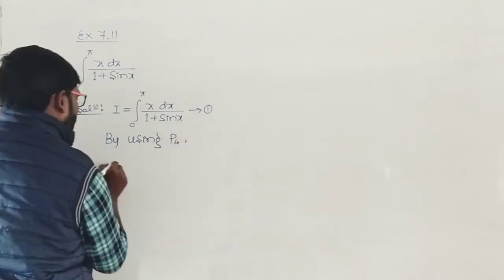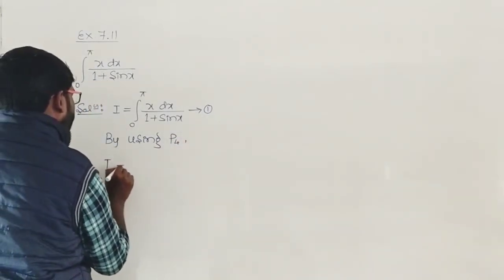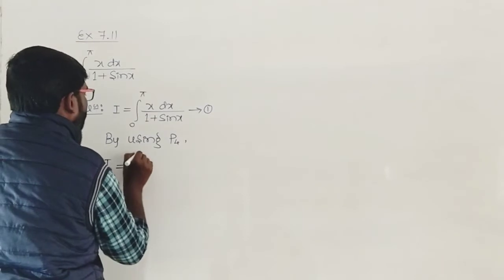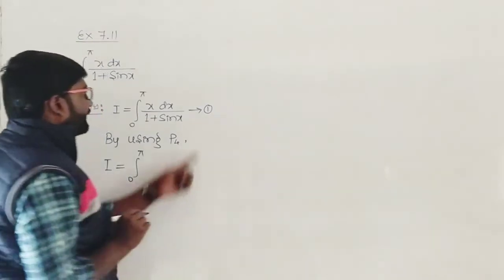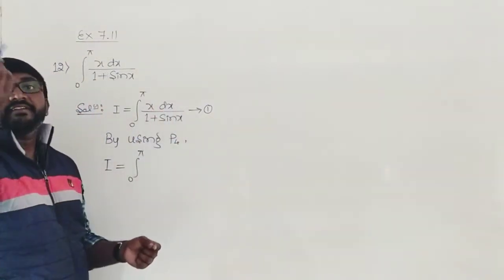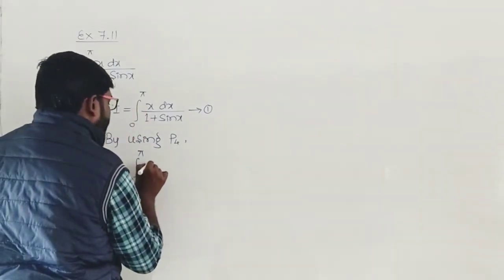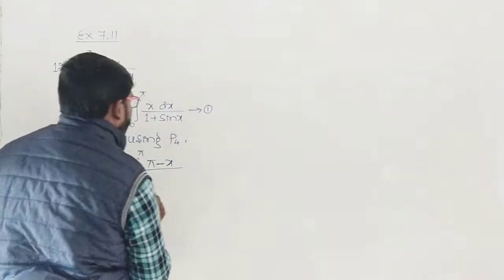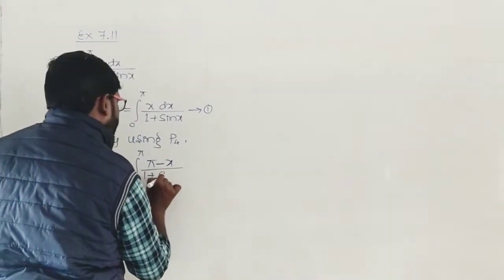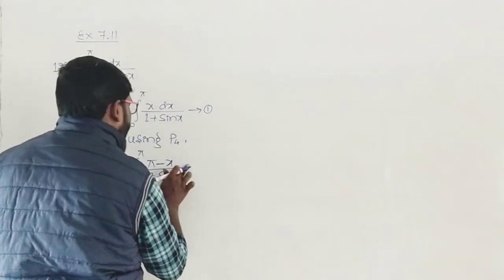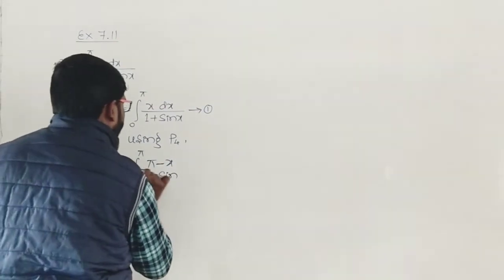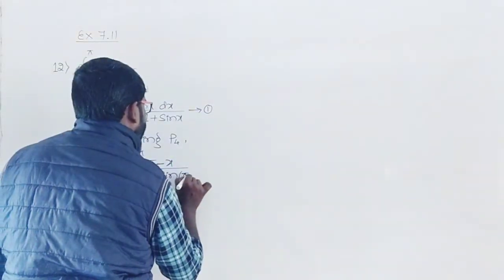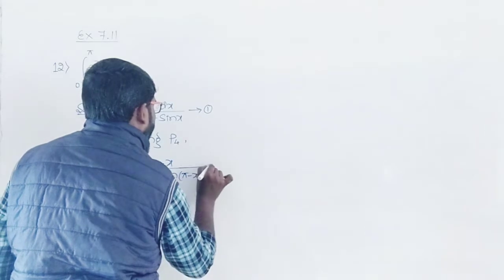So by using P4, I is equal to integral 0 to pi. So now f of x becomes f of a minus x, that is pi minus x. Pi minus x divided by 1 plus sin of pi minus x, dx.